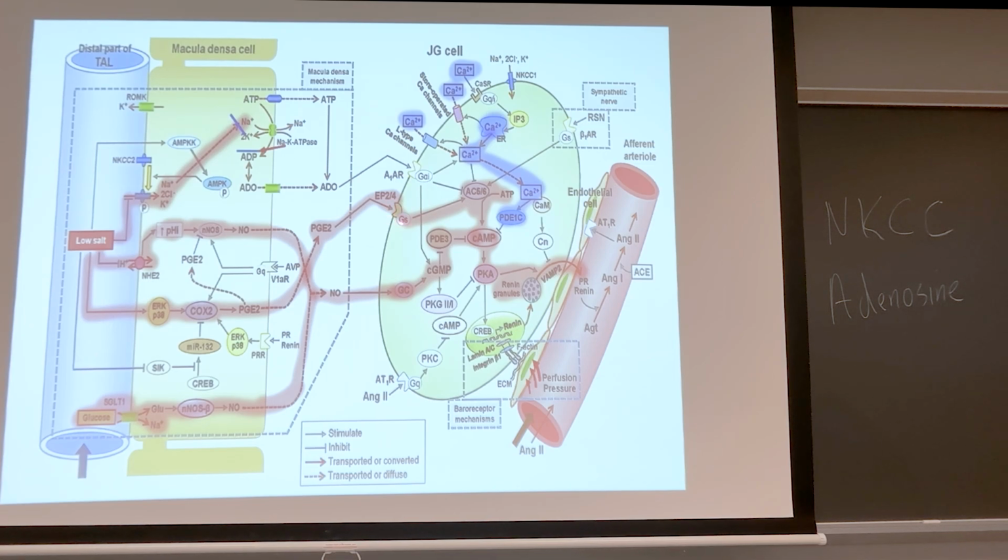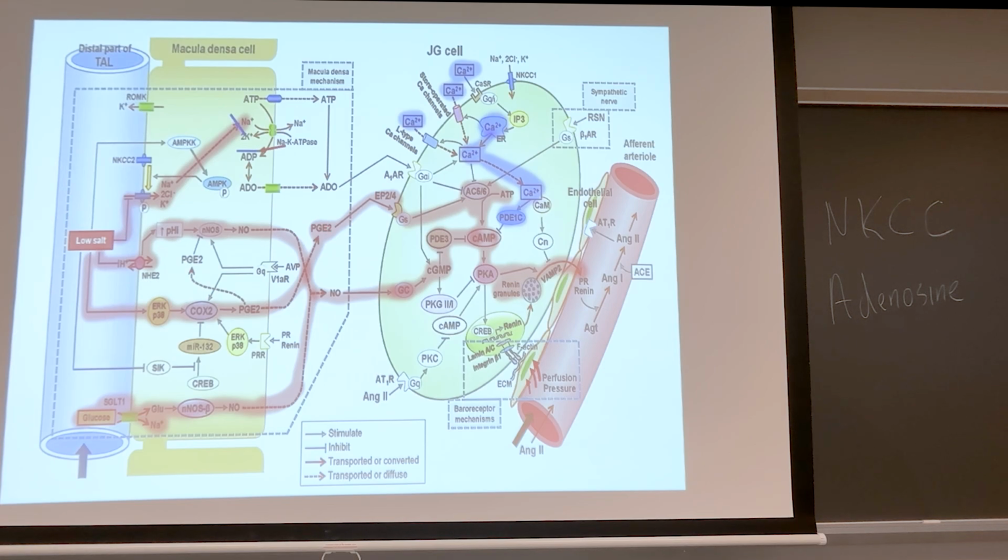It's a G-coupled receptor, but the G protein directly activates adenylate cyclase. What's weird about this situation is that this adenylate cyclase is found in a vesicle. So it's not in the cell membrane, it's actually sitting in a vesicle within the JG cell. But it does the same thing. If you activate adenylate cyclase, you get a bunch of cAMP. cAMP activates protein kinase A, which can phosphorylate your renin granules.